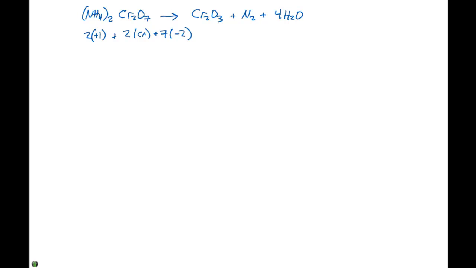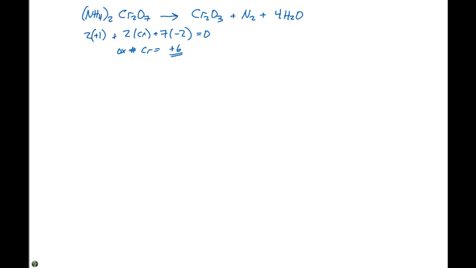This complex is not charged, so the sum of the oxidation states is going to be 0. So if we do the algebra, we can see that the oxidation number of chromium is going to be equal to +6. So on the reactant side, chromium has an oxidation number of +6.